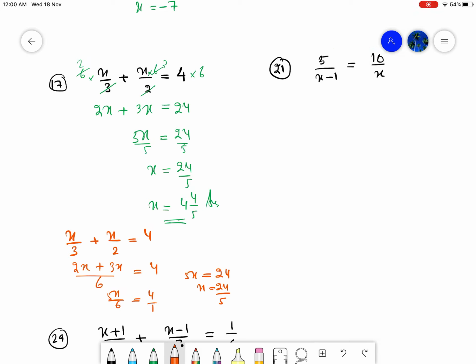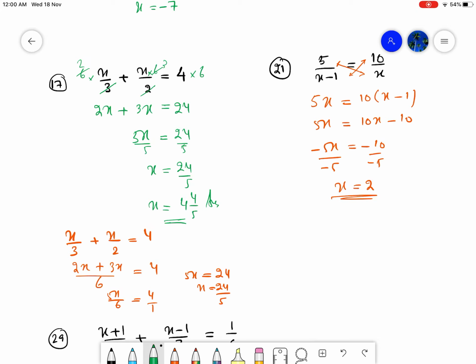But in the present case, yes, you can perform the cross multiplication if you want to. So you'll get 5 into x is 5x is equal to 10 into x minus 1. So 5x is equal to 10x minus 10. So collect x on one side, 5x minus 10x is minus 5x is equal to minus 10. Divide both sides by minus 5. So x is equal to 2.